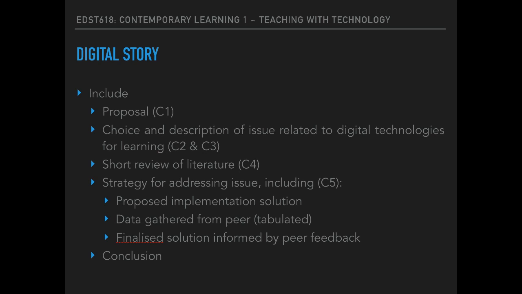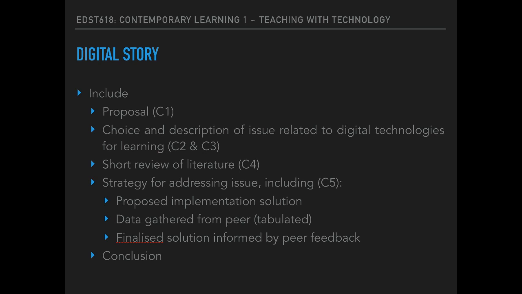Then there will be evidence of the data gathered from your peer, and I would say that you could do that in tabulated form. Then there will be your finalized implementation solution with clear evidence that it's been informed by peer feedback. And then there would be a conclusion. This is not the actual delivery of the research project itself, it is a proposal for the delivery of an implementation solution.